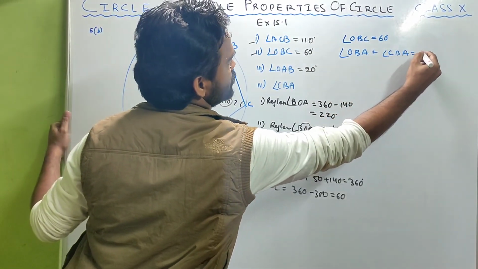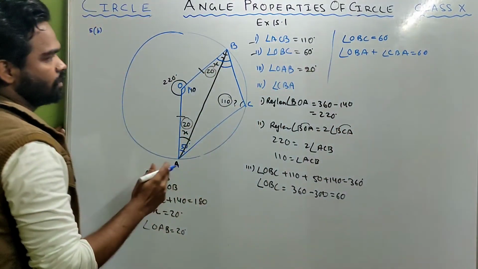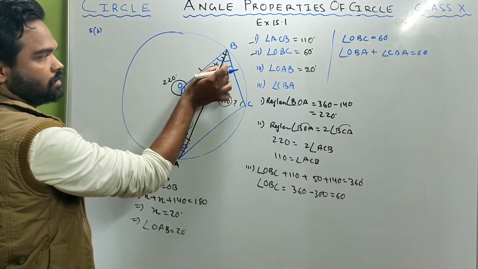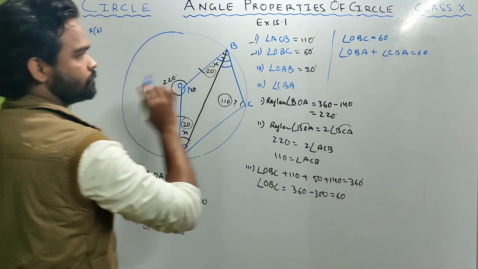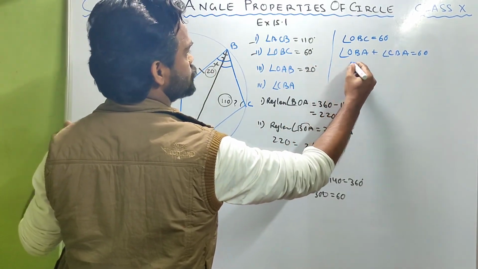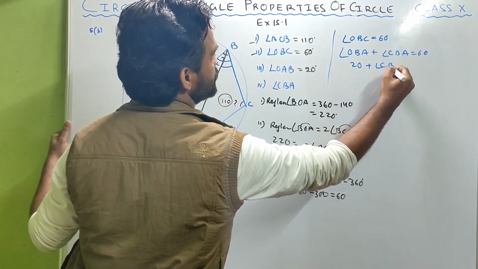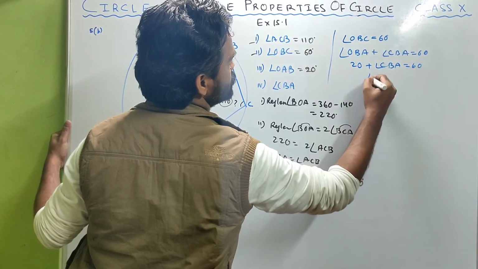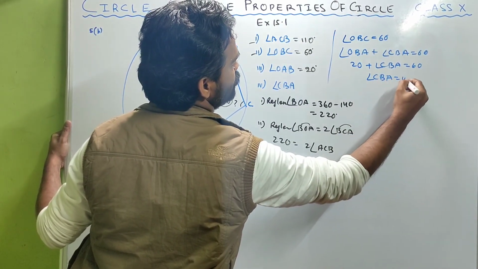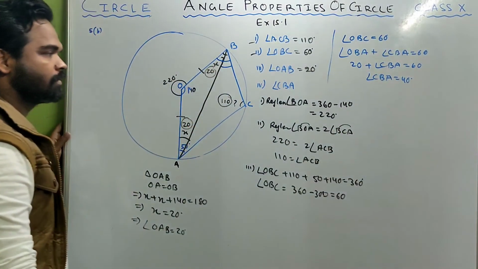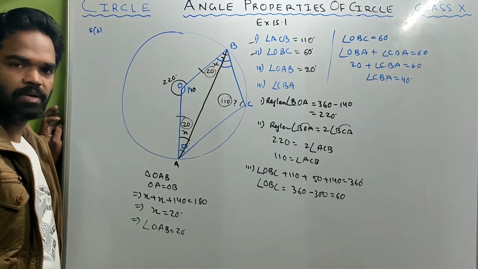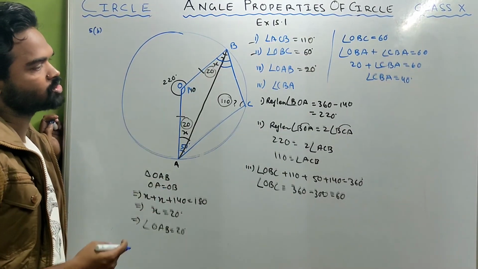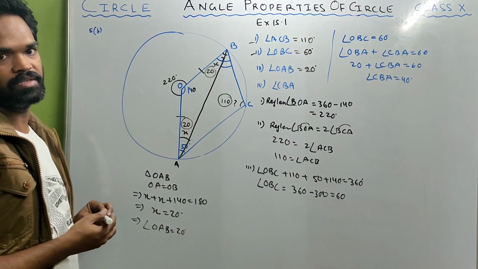OBC is made of 2 angles, isn't it? So OBA is 20 plus angle CBA is equal to 60 degrees. So angle CBA is equal to 40 degrees. Done. Pretty simple, okay? We use the property that the angle at the center is twice the angle at the circumference.